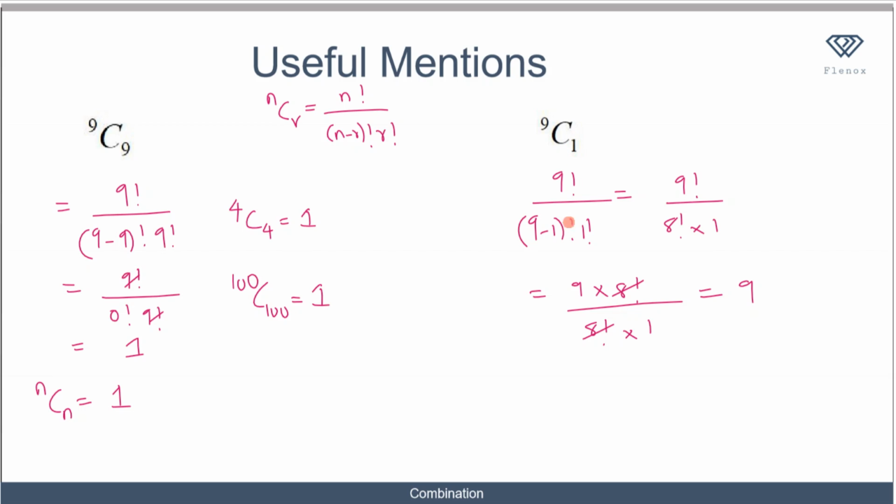So when you have n combination 1, you get n as your answer. So if the base is 1, your answer is equal to n. For instance, 5 combination 1 gives me 5, 8 combination 1 gives me 8, and 100 combination 1 gives me 100. You really don't need to memorize all this, but I'm just trying to point it out. If you know the formula, you can easily derive it and know what it's supposed to be.